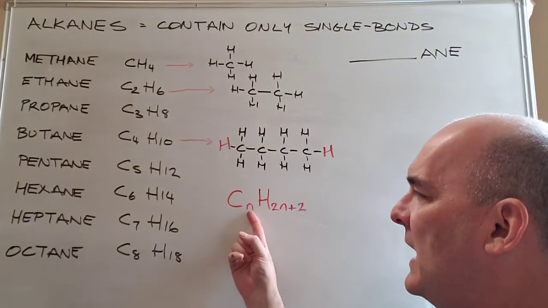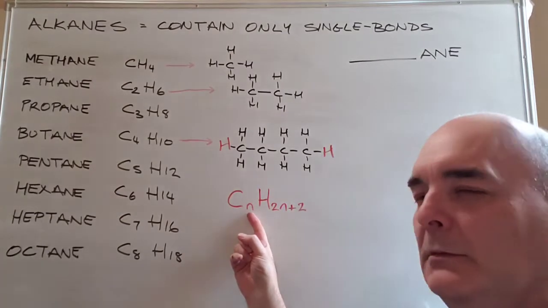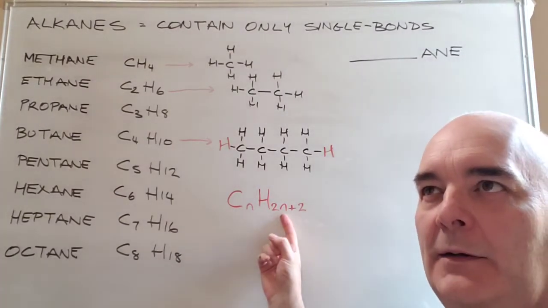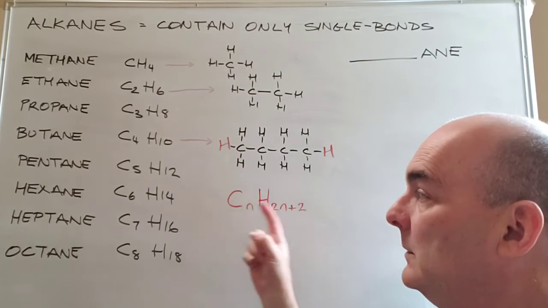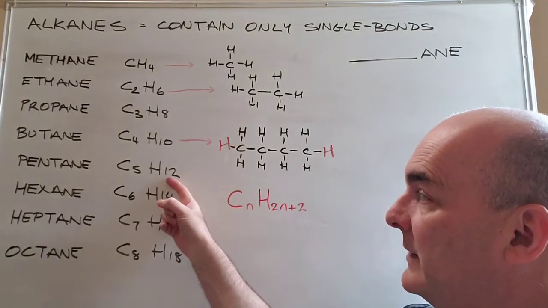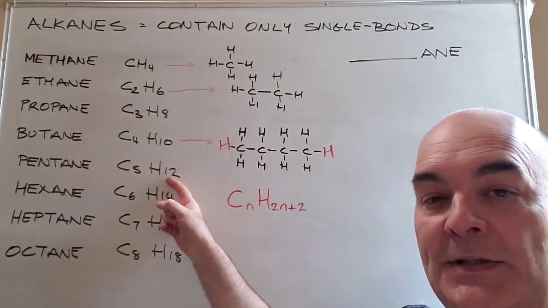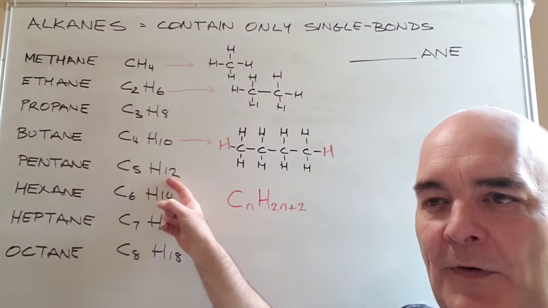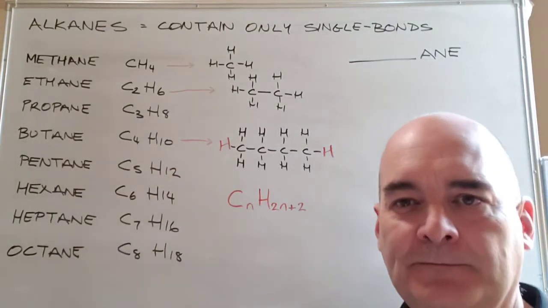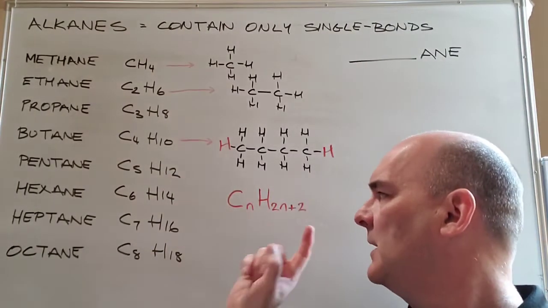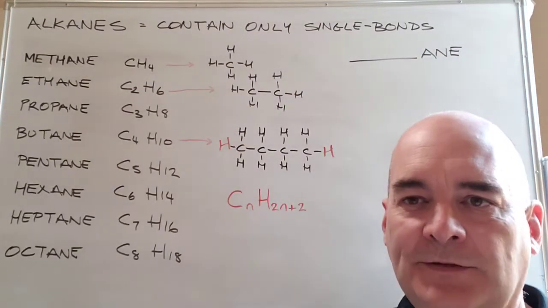So when I have 5 carbons, I will double that to be 10 and then add 2 so that the chemical formula for pentane comes out to be C5H12. Okay? This is the generic formula for alkanes.